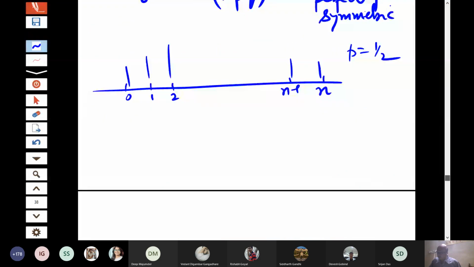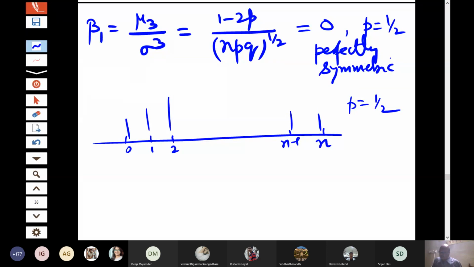Now consider p less than half. If you have p less than half, then this is positive. So beta 1 is positive for p less than half. What do you mean by p less than half? If you look at the term nCk p to the power k, q to the power n minus k, in the beginning the powers of q are more.